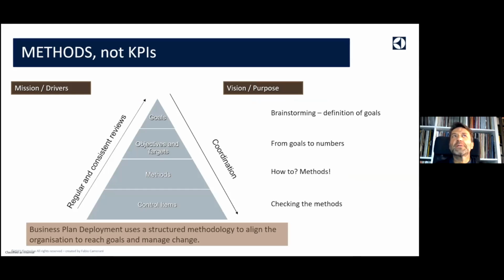From the top, we have our goals. So inside our factory or inside our group of factories, we start the first time with a brainstorming among the management team members, and we think to dream big.